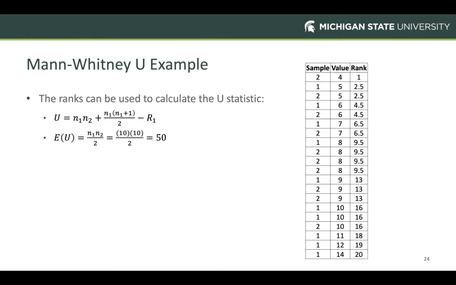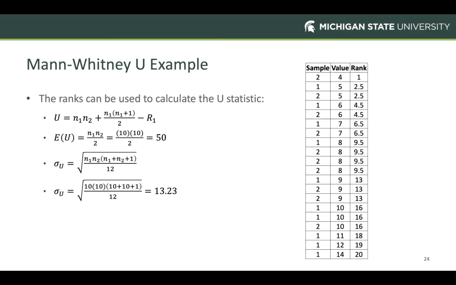If we take the average rank of those 20 values across the two samples, we would expect to see 50 as the value of that U across both of the samples, if the null were true in any case. And the standard deviation can be calculated using those same sample sizes. We find that that's equal to 13.23.